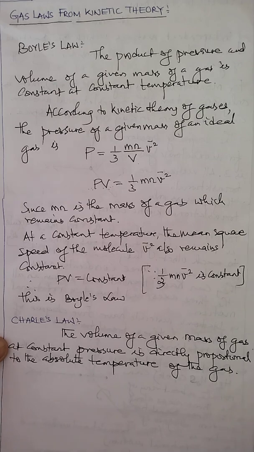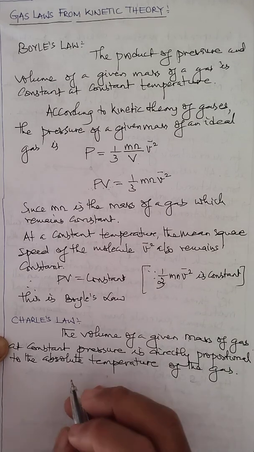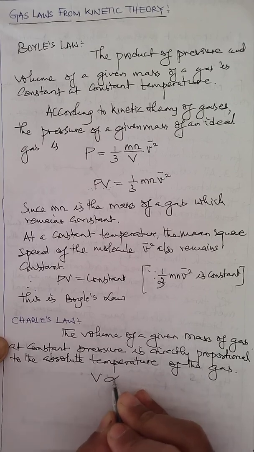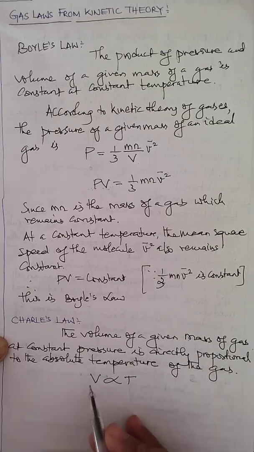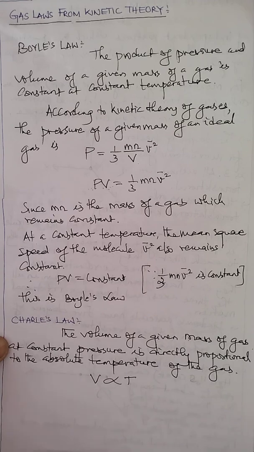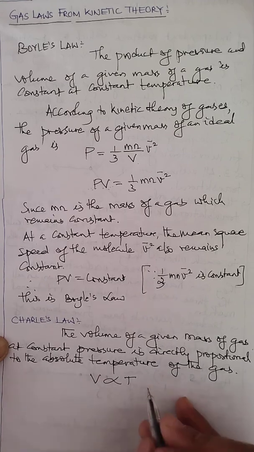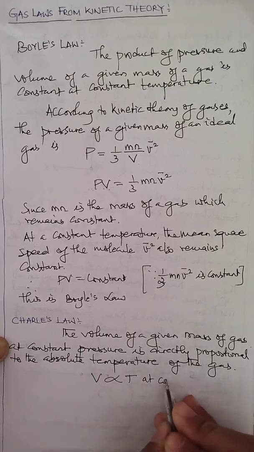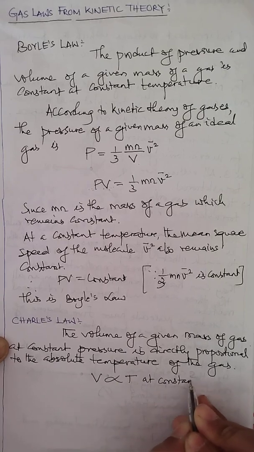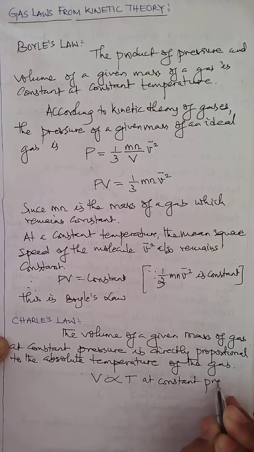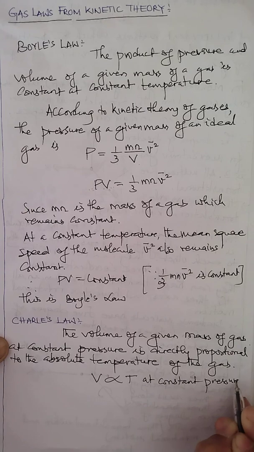Volume and temperature are directly proportional, but this is true at constant pressure. So I write down V is proportional to T, where V is the volume of the gas and T is the temperature of the gas, at constant pressure. And this is called Charles's law.